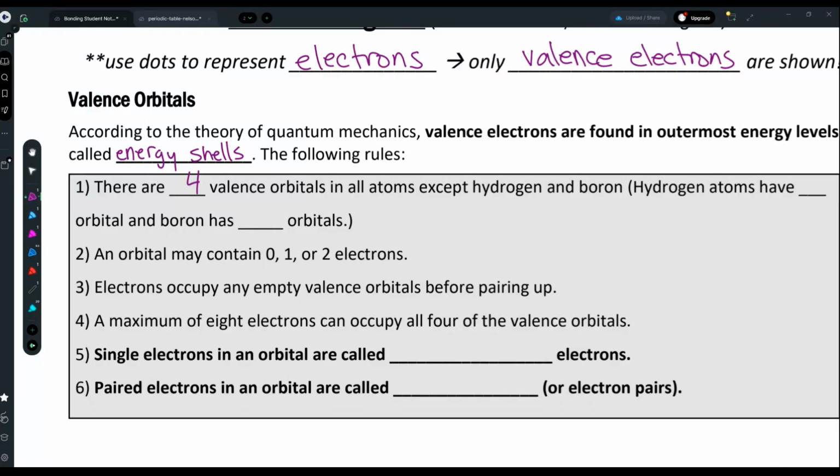So keep in mind, now that we're talking about quantum mechanics, we're going to shift from calling the shells that electrons are in orbits, which is the terminology we used when we were drawing our Bohr diagrams, and now we're going to be calling them orbitals, which specifically references quantum mechanics.